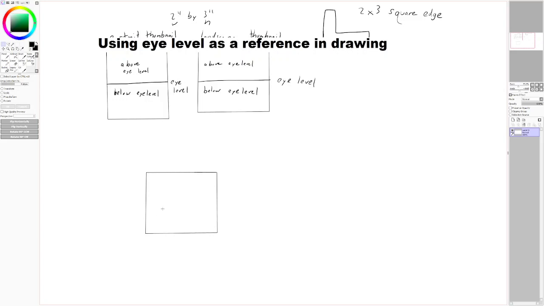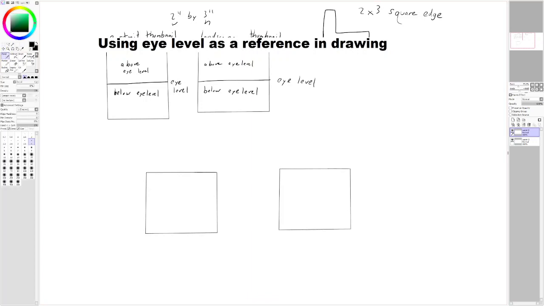So I have another thing right here, and I'll probably draw a couple of these. You very well could put the eye level line like that. Okay, it could be diagonal. It could be diagonal, and you could say that this is the above eye level.